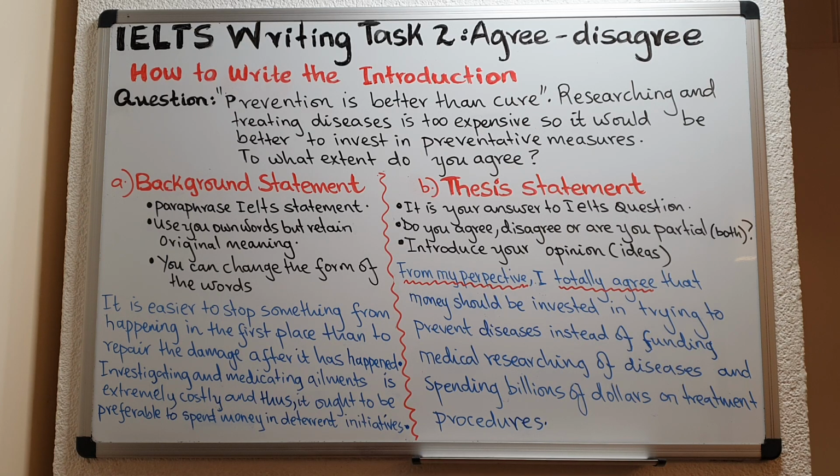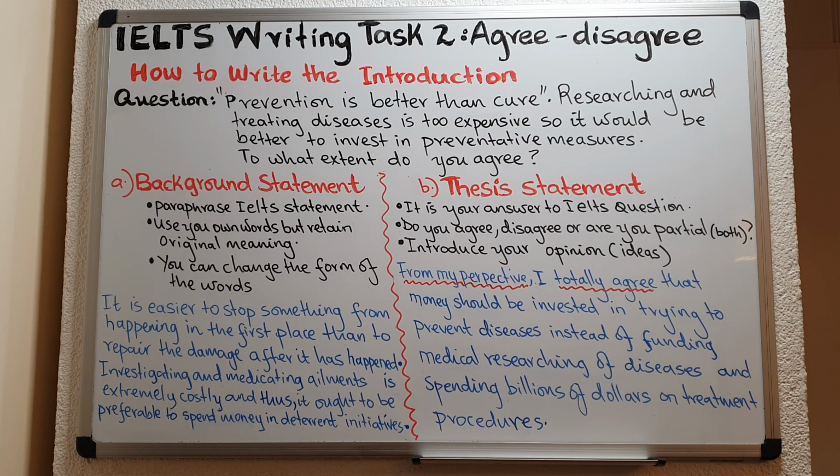When the examiner looks at your thesis statement, they should know your opinion. It is your answer to the IELTS question, which is, to what extent do you agree? When the examiner looks at your thesis statement, they should know straight away whether you agree or whether you disagree or whether you agree and disagree. Because your thesis statement is your answer to the IELTS question, which is, to what extent do you agree?